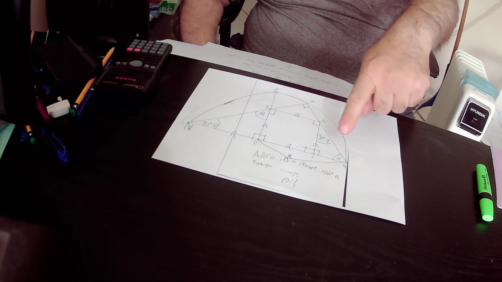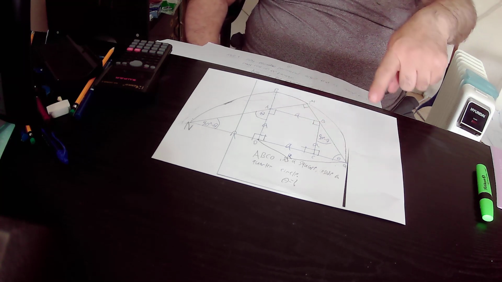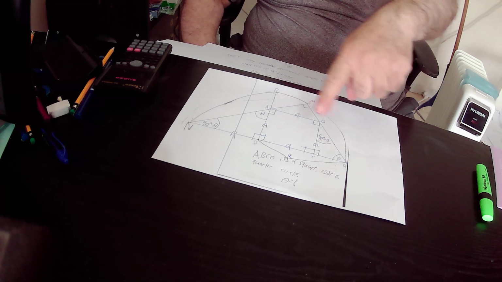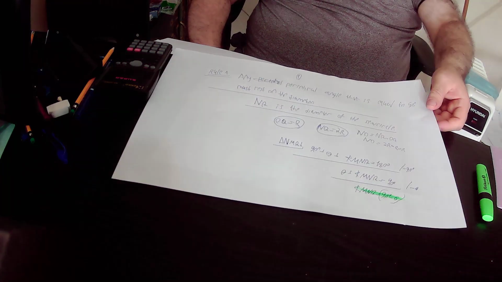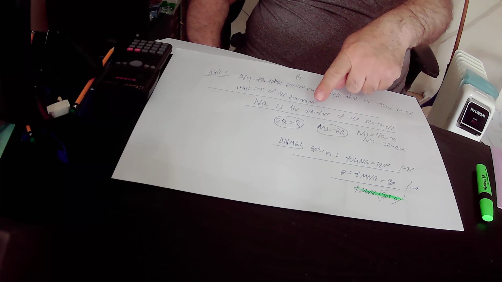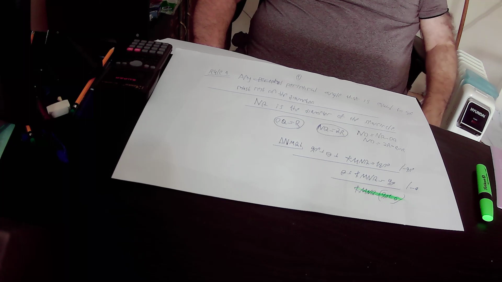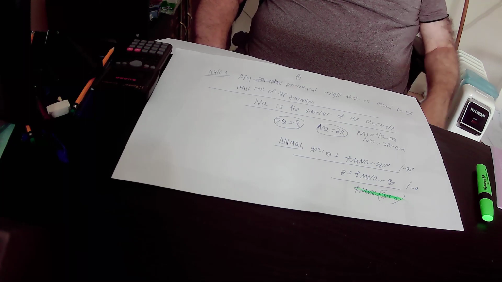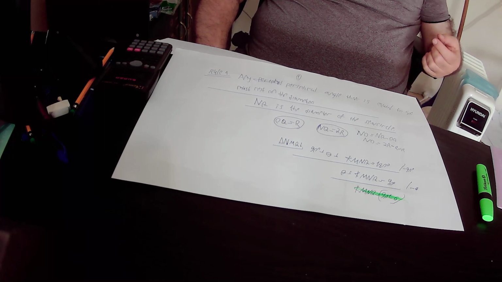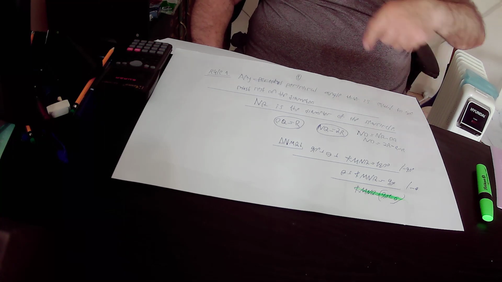If we define the radius as R, then QO equals R, and the diameter of any circle is twice the radius, 2R. So NQ equals 2R.